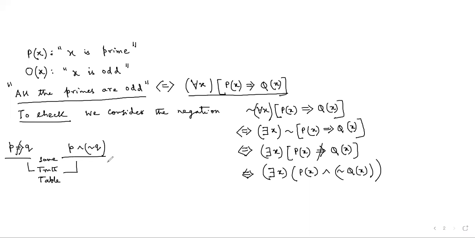Their truth tables are the same. So you can check it by yourself. So instead, you can write this as Px doesn't imply Qx, or you can write Px and not Qx, because x is prime but x is not odd.